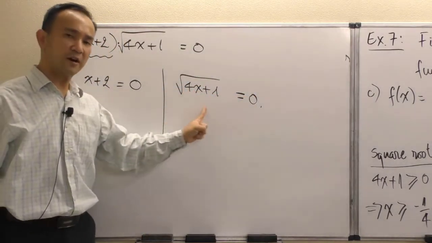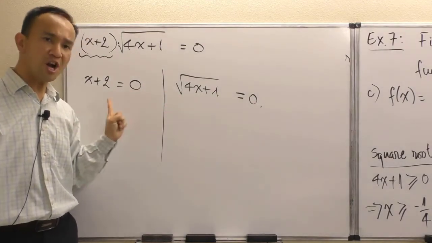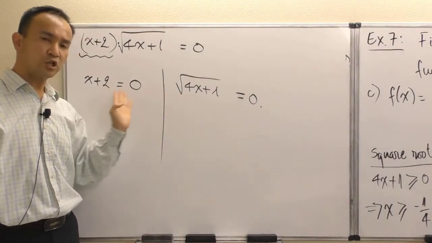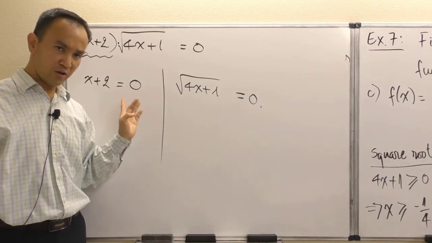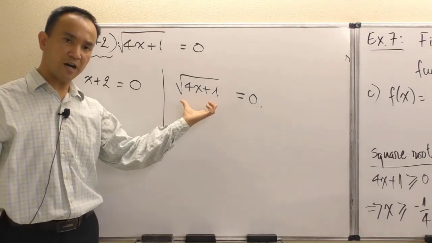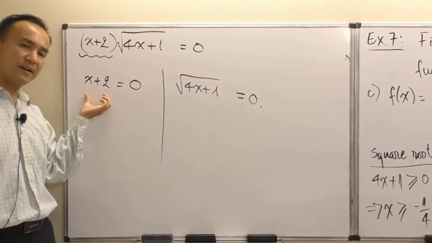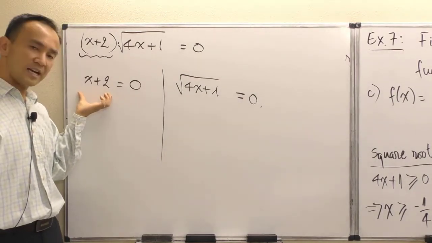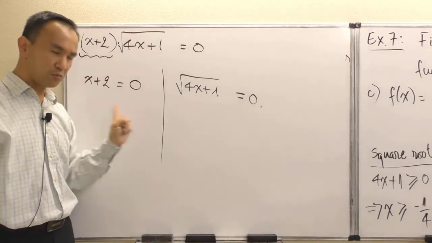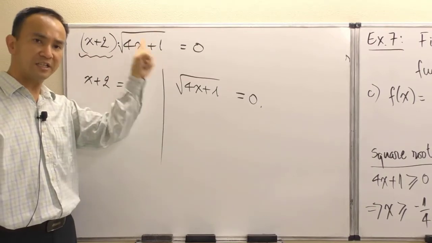Now we produce two sub-equations, and we can solve these two independently. Whichever x value satisfies either one, x plus 2 equals 0 or the square root equals 0, will cause the whole product to equal 0.